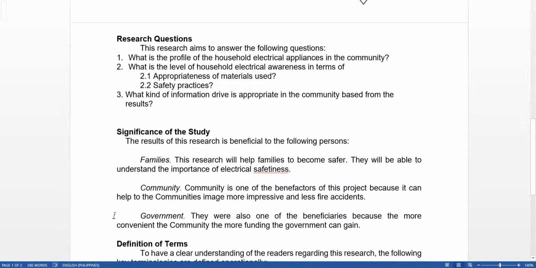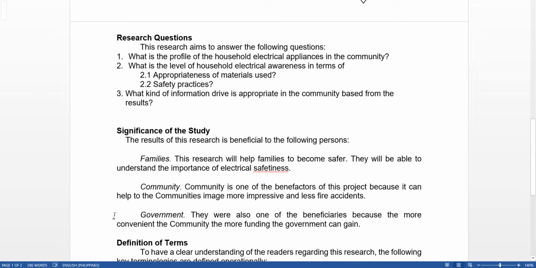Now, significance of the study. The results of this study are beneficial to the following persons. The first one, families. This research will help families to become safer. They will be able to understand the importance of electrical safety nets. The second significance of the study is the community.